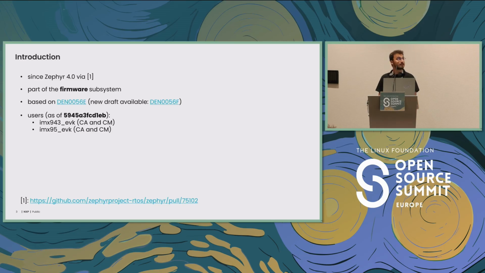As of today, specifically the commit that you'll see in the slides, there are only two upstream boards that use the SCMI support, which are the i.MX95 EVK and i.MX 943 EVK respectively, both of the variants, the Cortex A1 and the Cortex M1.